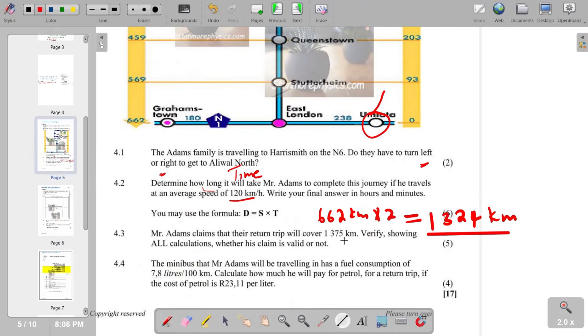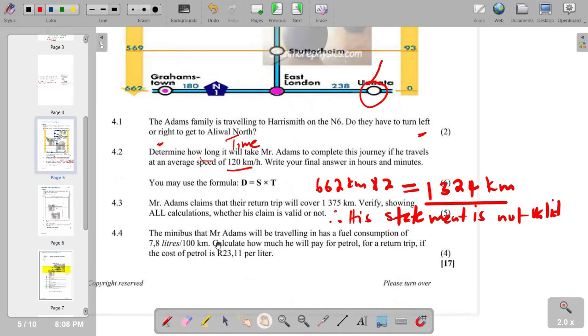Of course, it's not equal to 1,375, which means basically we are saying his statement is not valid. So basically we give a conclusion that therefore his statement is not valid. So basically this is what we have on this part, and then we go to 4.4.